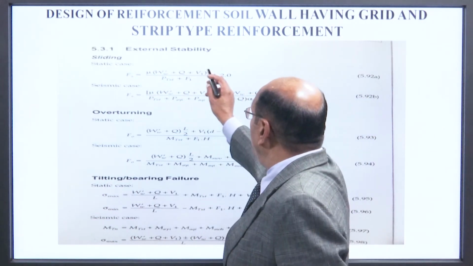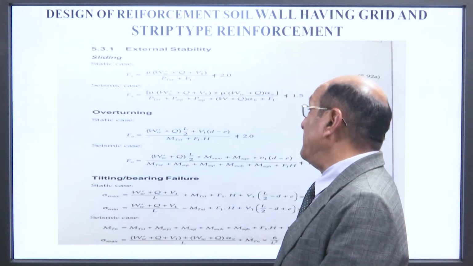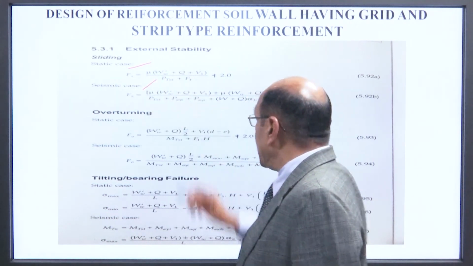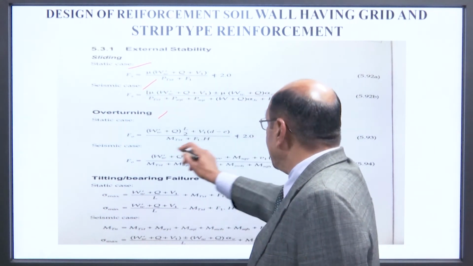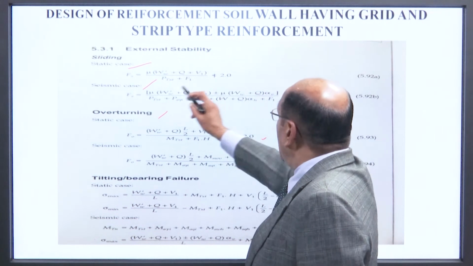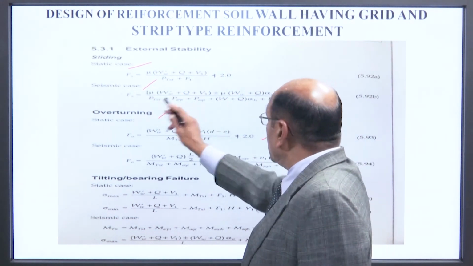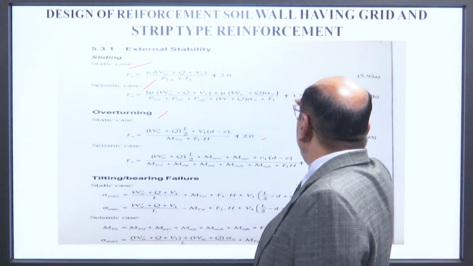For the external stability, this is the static case, again this is the seismic case. For overturning, this is the static case. In the static case that should be greater than 2. For the seismic case that should be greater than 1.5.